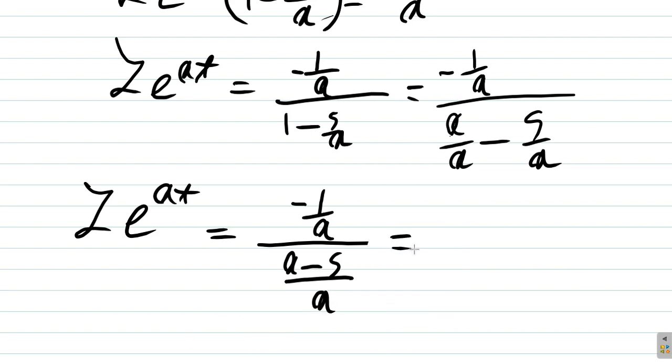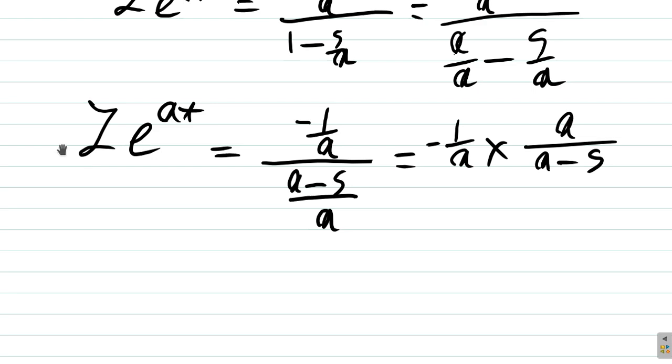Alright, this is equal to, remember, you have this up here divided by a fraction. Remember what to do. Whatever you have up here, 1 over a, must multiply the reciprocal of that fraction. So it's a over a minus s. Alright? So a will cancel a.